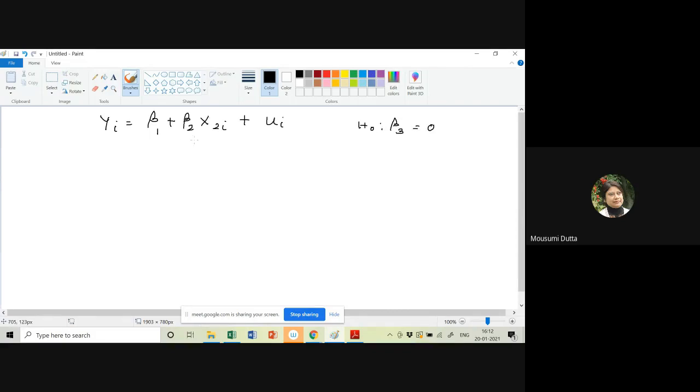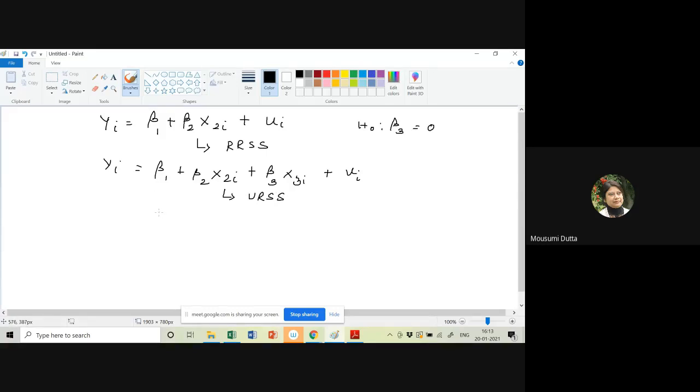Now we are incorporating x3i in the model, and this model is our URSS. This model is giving us the URSS.